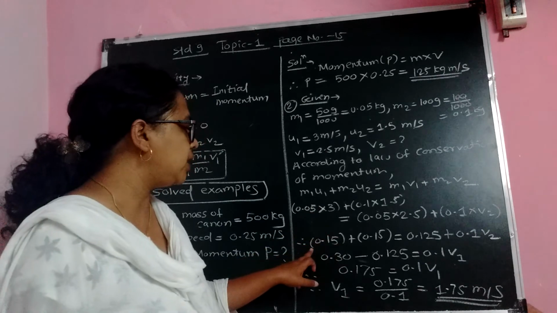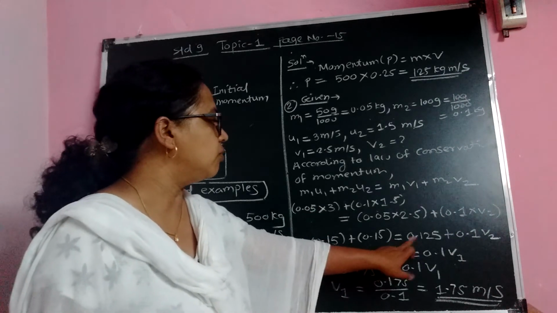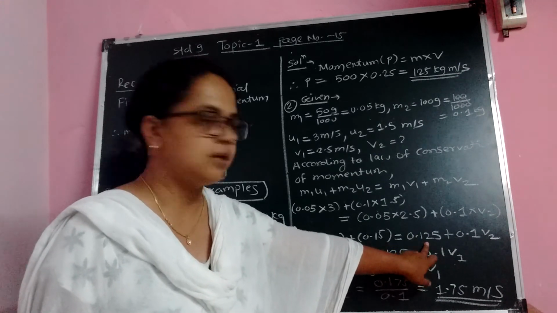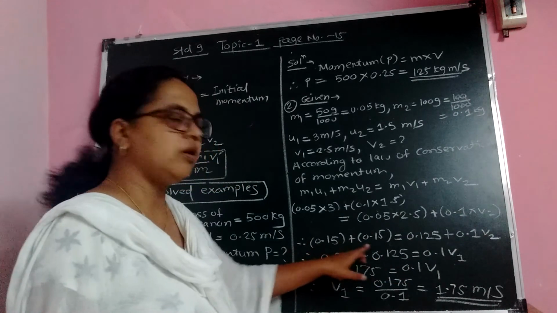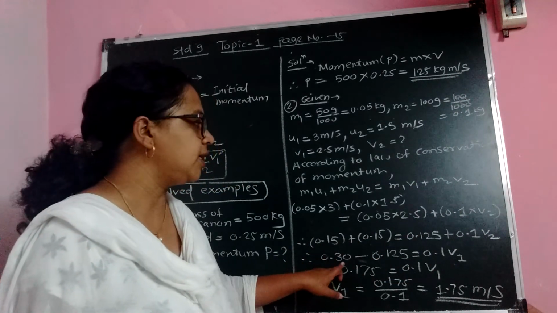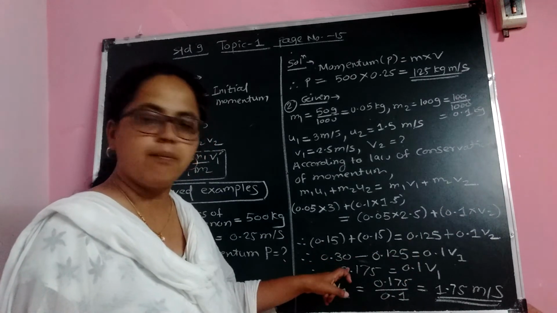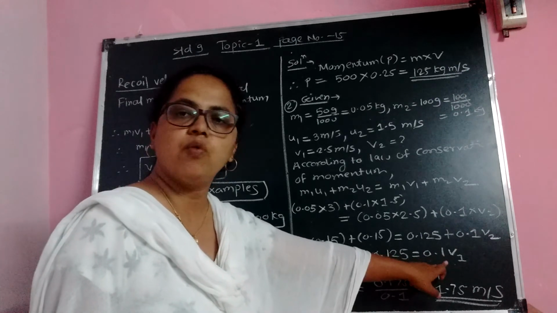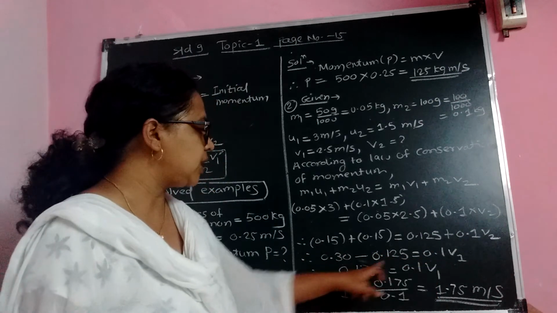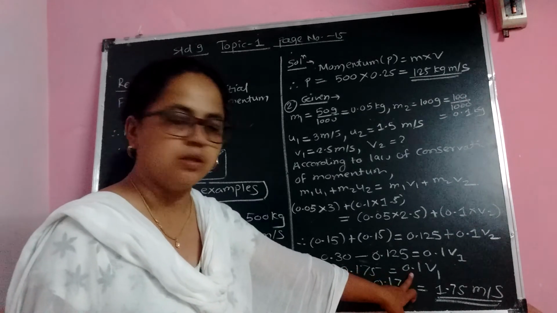After multiplication you will get 0.15 plus 0.15 is equal to 0.125 plus 0.1 v2. Then addition of these two quantities gives 0.30. This quantity is plus, on the other side it becomes minus. 0.30 minus 0.125 is equal to 0.1 v2. After subtraction you will get 0.175 is equal to 0.1 v2.